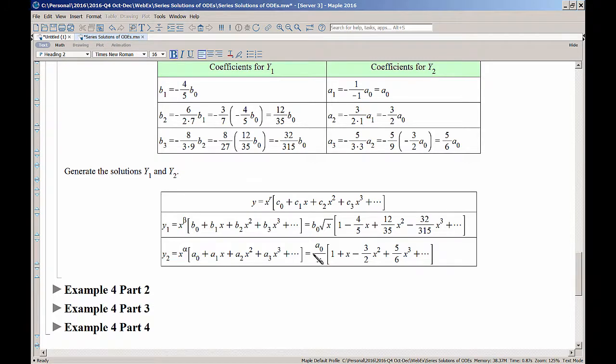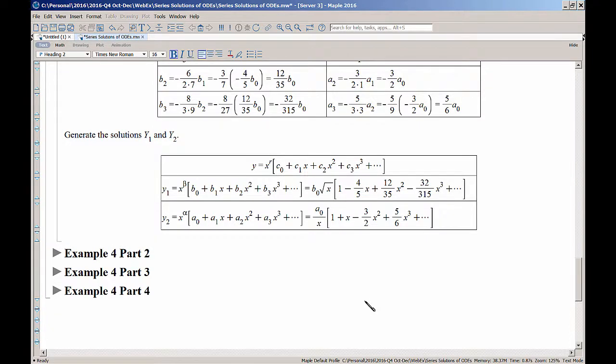So x to the minus 1. So there's your 1 over x. Every coefficient is a multiple of a0. So pull that out, and then these numbers will show up: 1, minus 3/2, 5/6, and so forth. So that's what you do when you work by hand.